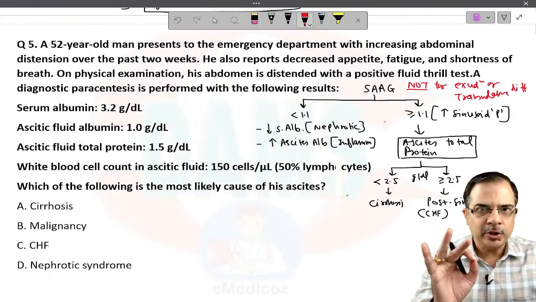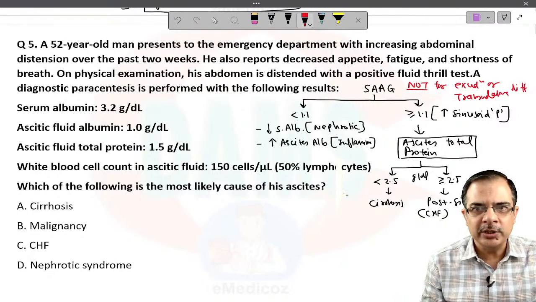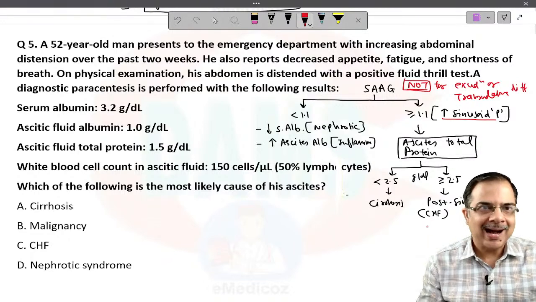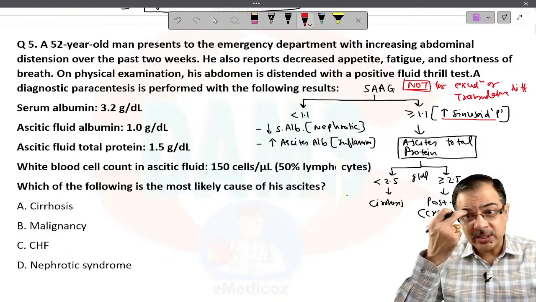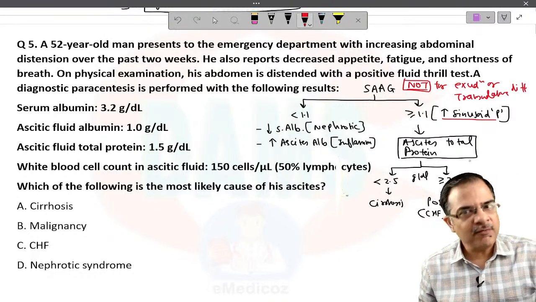So never use transudative or exudative for the ascitic fluid. Maximum students make this mistake. It is only that when it is more than 1.1, high sinusoidal pressures are there, liver related causes are there. Now let's put these values in the flow chart.